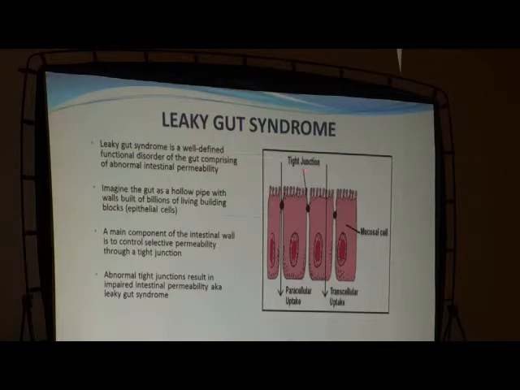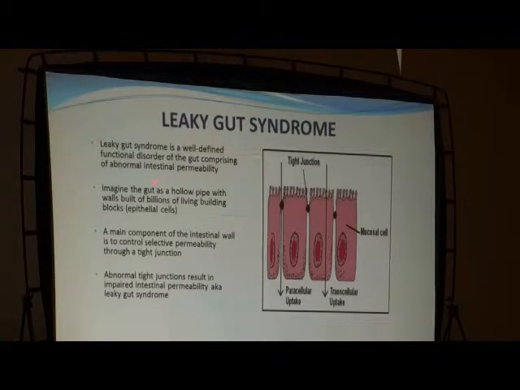It's called tight junction. And the nutrients from the gut can migrate through the cells and through the tight junction. And when the tight junction gets loose, you develop leaky gut. It's very straightforward. It's been described. There are laboratory tests which can measure it. So again, it's a functional disorder of the gut. It's not a structural disorder. You cannot see it under the microscope, but you can measure it.